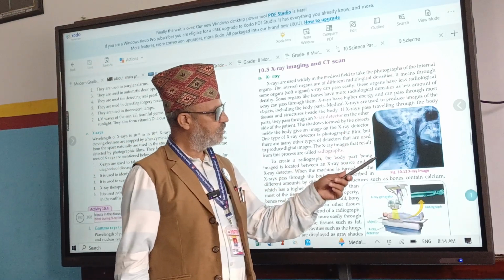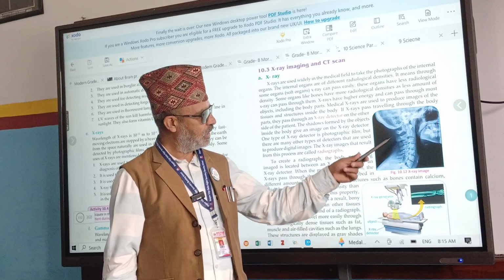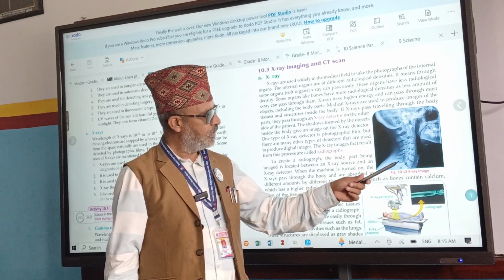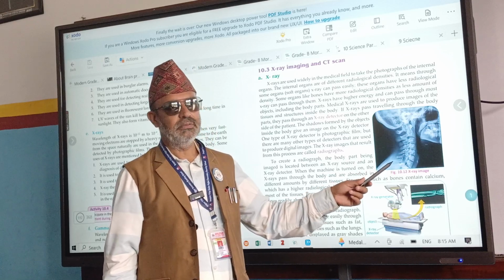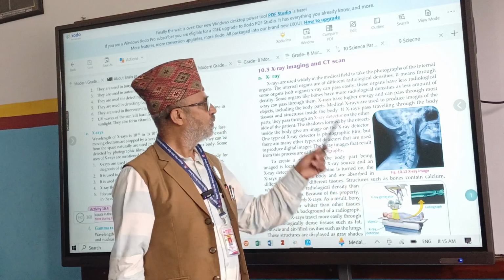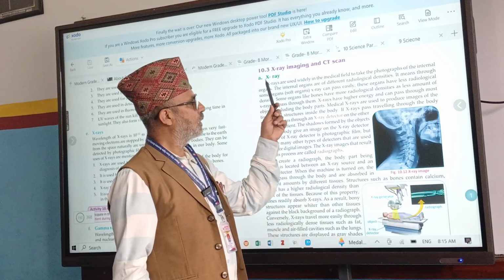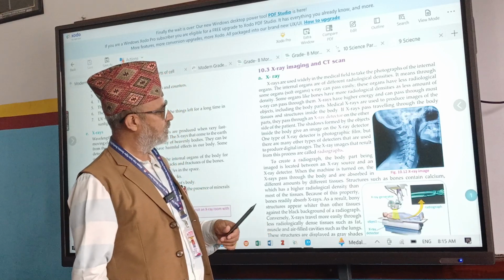Do you know what this is? This is an X-ray image. Actually, this is the pictograph of bone. Only the bones' pictograph can be seen, right? And to get it, we have to use an X-ray machine.